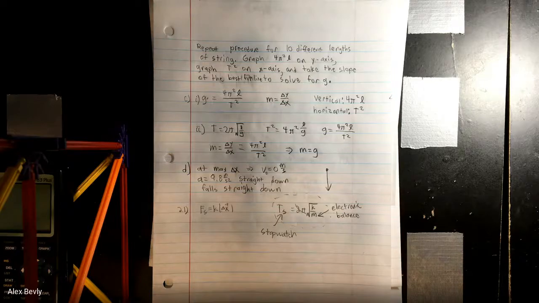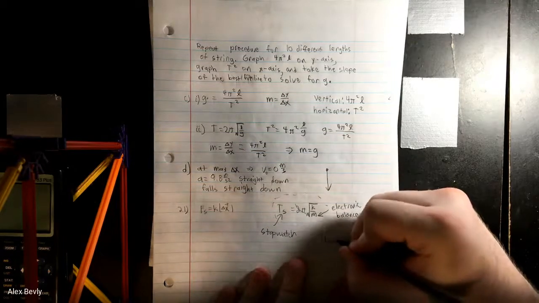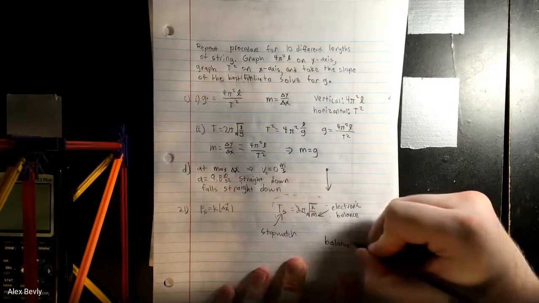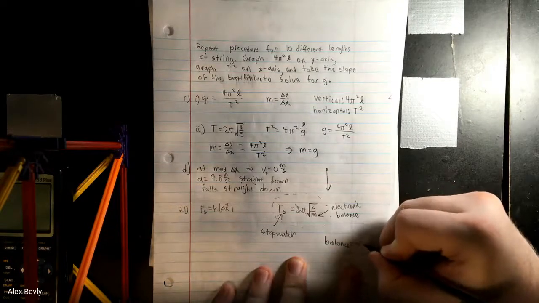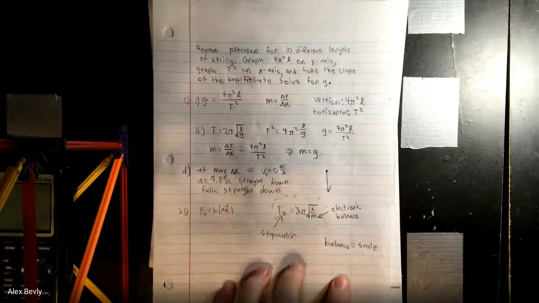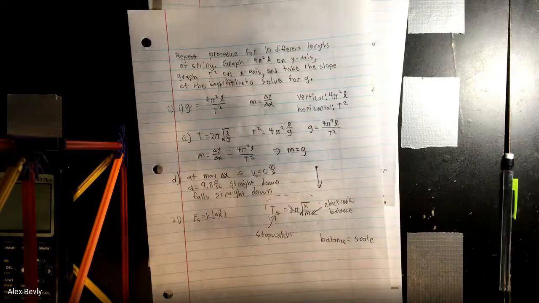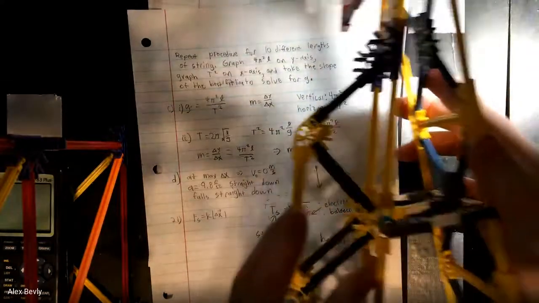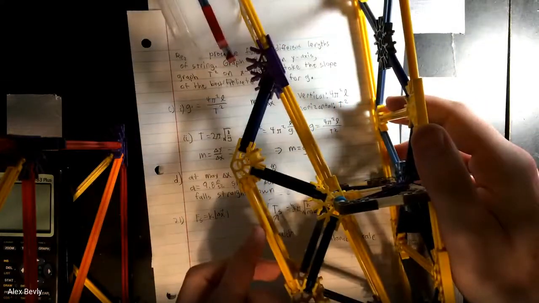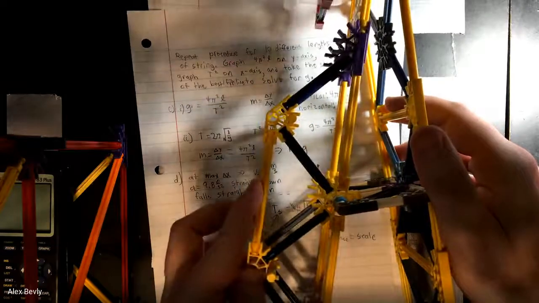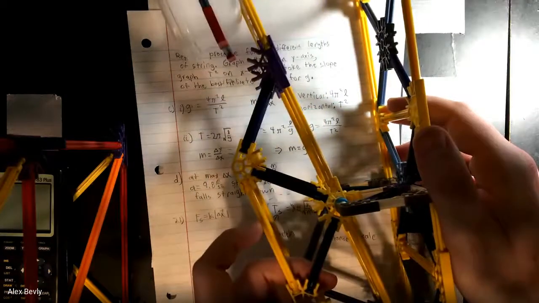An electronic balance, anytime you see the word balance, balance is just pretty much a scale. So why do they use the word balance? Remember your lab when I was finding the mass of things? A balance is just something that can pivot back and forth. You actually can't really see this very well. But it's just something that can pivot, and you put masses on each side to balance them.